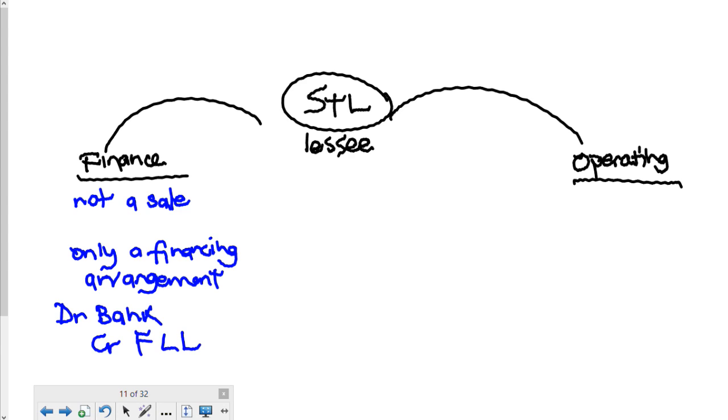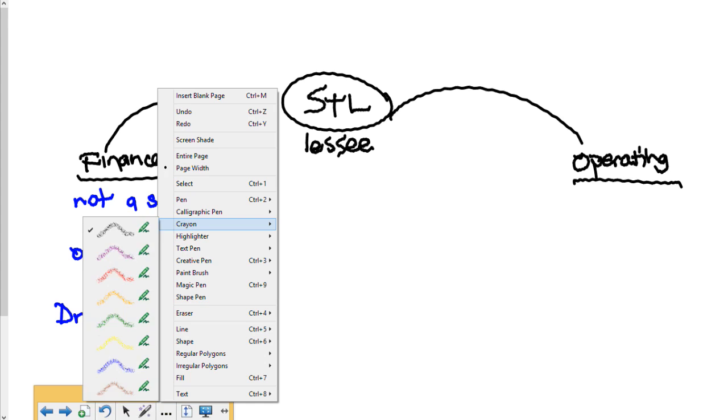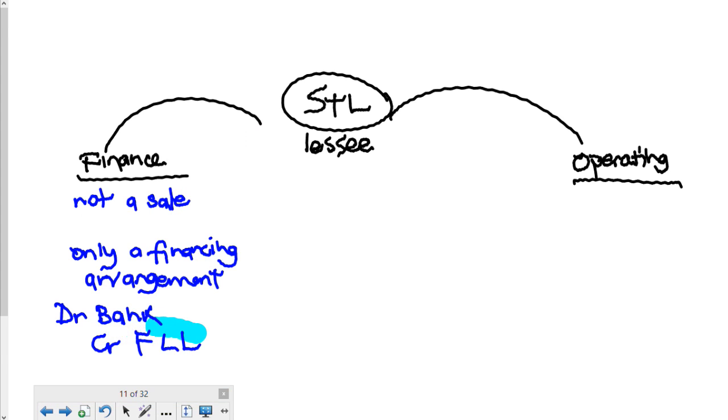What happens to the asset? Nothing, because I had an asset and I still have an asset. So it's only a financing arrangement, and the journal entry is to debit bank and credit a finance lease liability. This finance lease liability over here, I'm going to amort, just like I did when it was a normal finance lease.